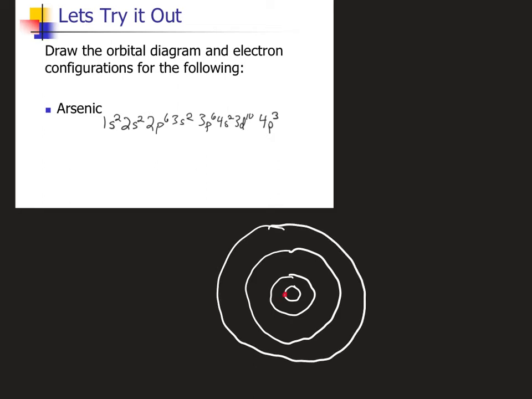There should be 2 dots in the first one, 8 dots in the second one. Now in the 3rd ring, there should be a total of 18.